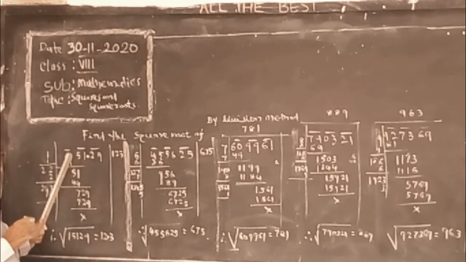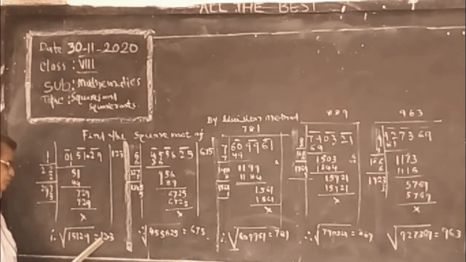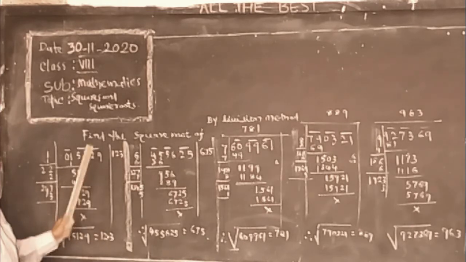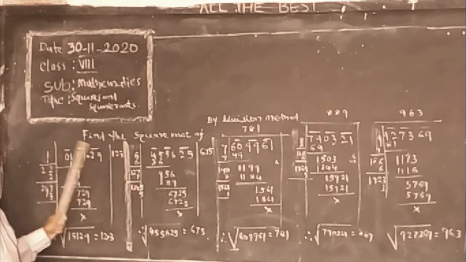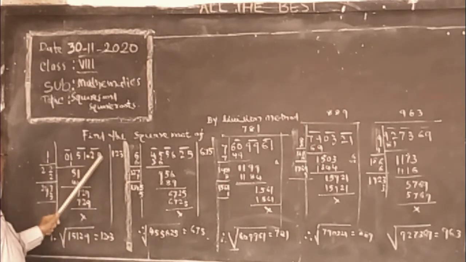Suppose 4 digits are there. In the square root, you put the decimal after 2 digits. If 6 digits are there, you put the decimal after 3. Make half. So here only 2, we are taking 1.